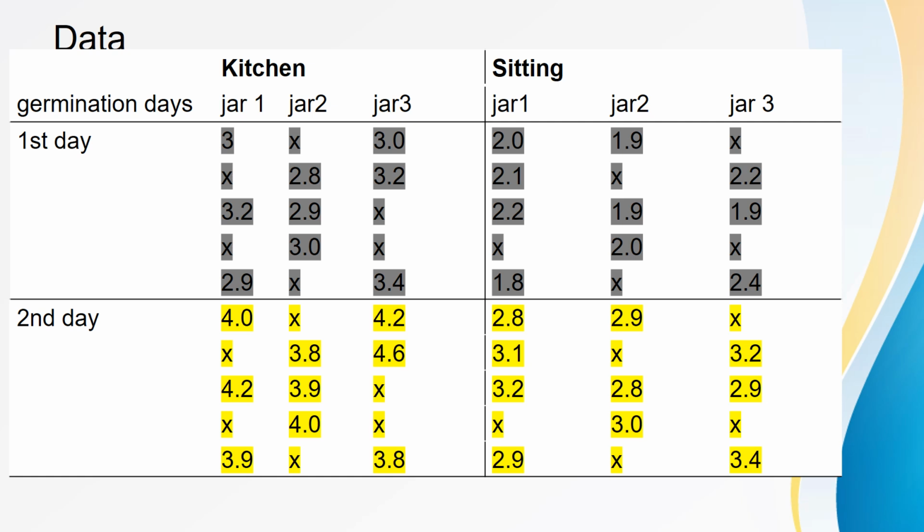Here, the X shows the seeds failed to germinate. For example, for seeds germinated in the kitchen, in jar 1, 3 seeds germinated and 2 seeds failed to germinate. In jar 2, 2 seeds failed to germinate and 3 seeds germinated. Jar 3, 2 seeds failed and 3 seeds germinated, and the like.